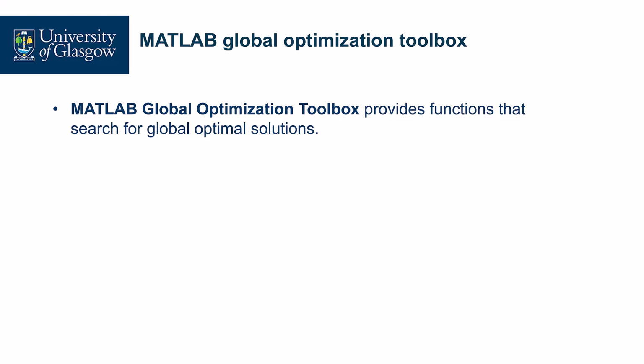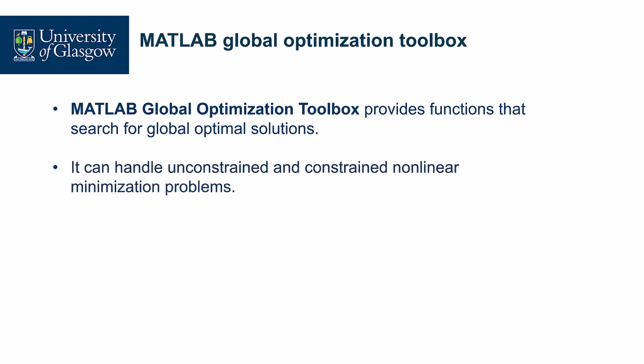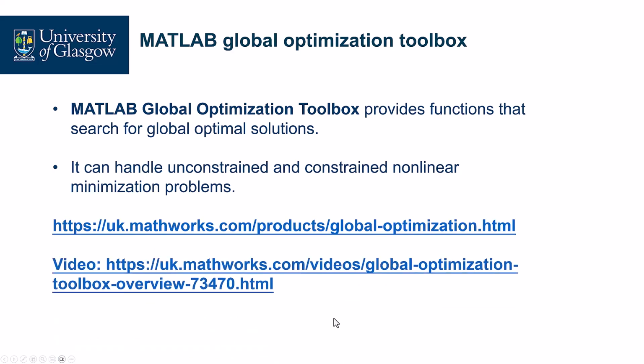All these functions in this toolbox can handle unconstrained or constrained global optimization problems, and all these problems are considered to be minimization problems. Here I provide two hyperlinks, and by clicking them you can find out more about this toolbox.